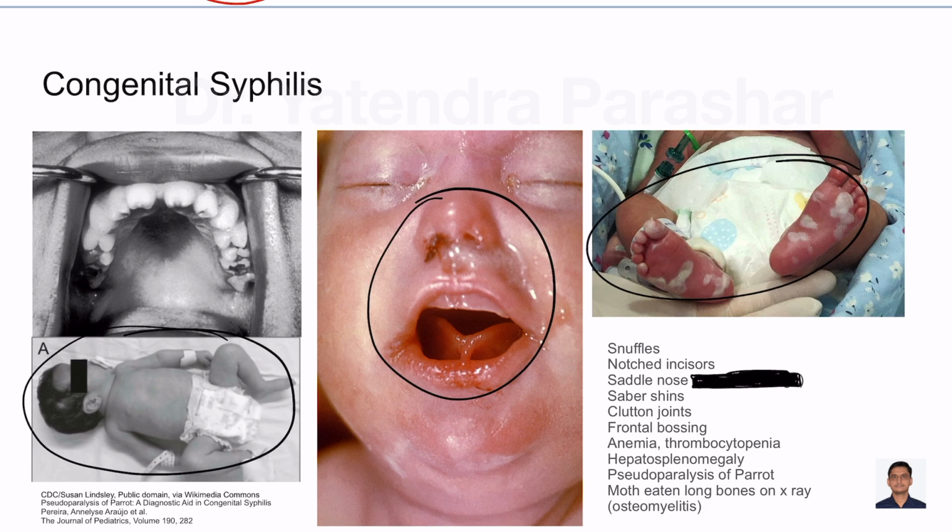So it is known as pseudoparalysis of Parrot. Parrot was the name of the scientist who discovered this feature.